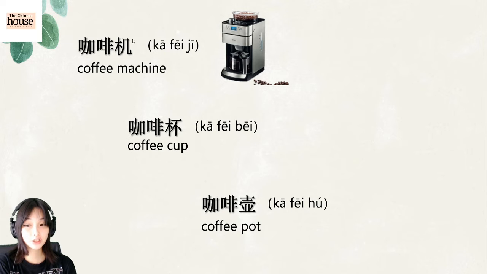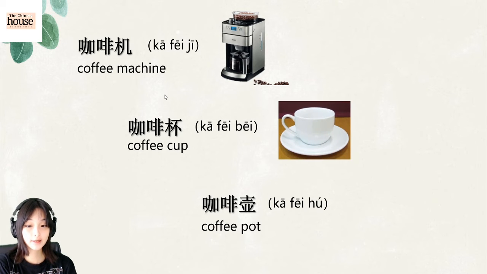And then coffee machine, 咖啡机. We have learned 机, which means machine. 咖啡机. And coffee cup, 咖啡杯, both flattened. 咖啡杯.